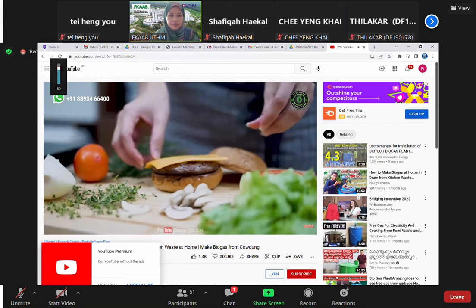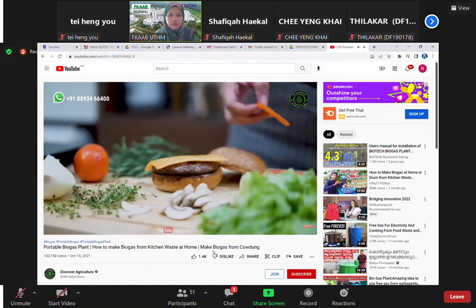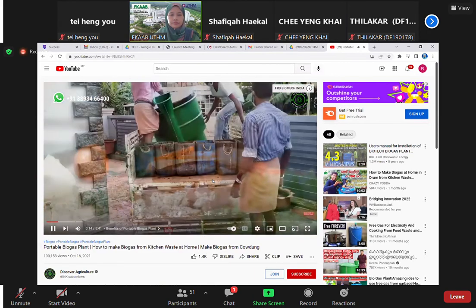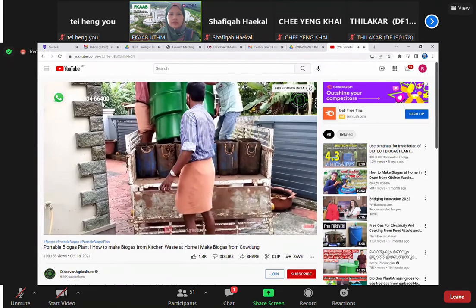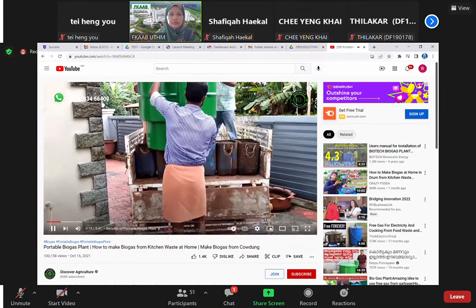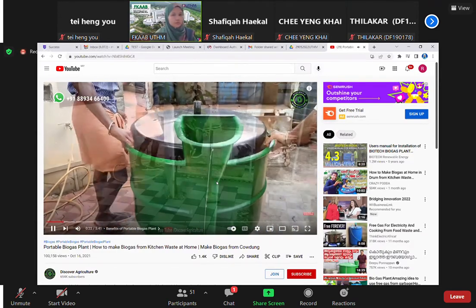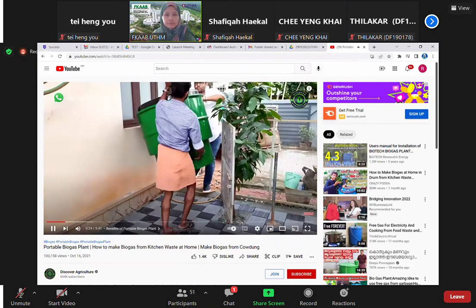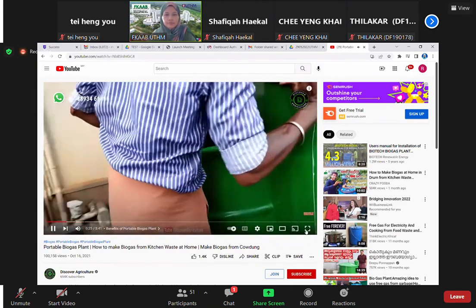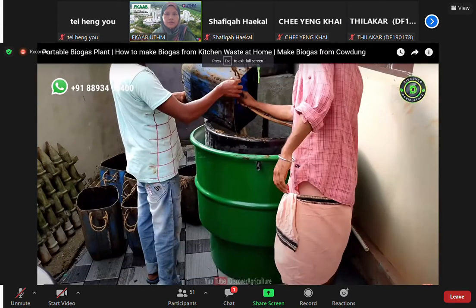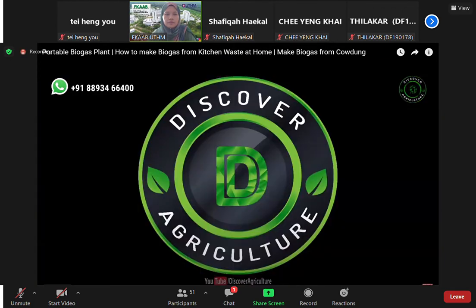So ini dekat mana? It's like this. Real digester. Ni kat India lah ni. So basically yang bagus dalam manure tarik daripada sisa ternakan lah ya.